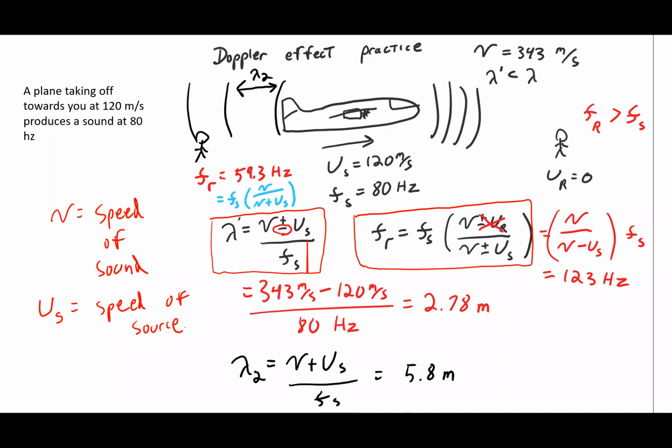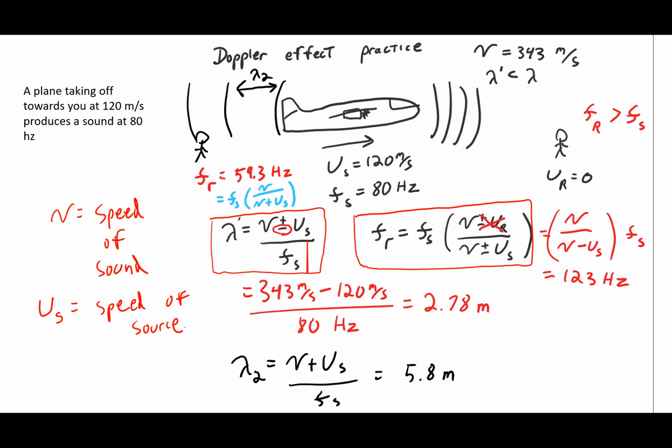The reason for that is just so I'm not confusing U's and V's. So V is always the speed of sound in these equations. And so the frequency of the source, the velocity of the source, and the speed of sound are used to determine the wavelength. And that has this plus or minus inside the equation.